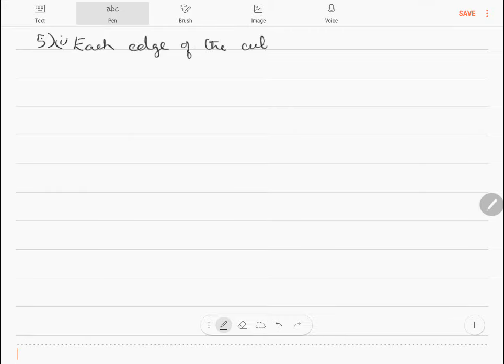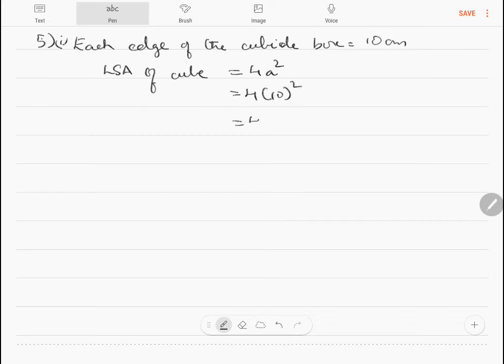Each edge of a cubical box is equal to 10 centimeters. So first we have to find the lateral surface area of a cube. The formula is 4a square, 4 into 10 square, which is equal to 400 centimeter square.